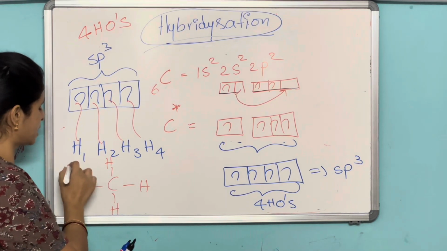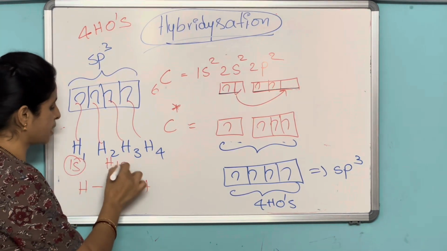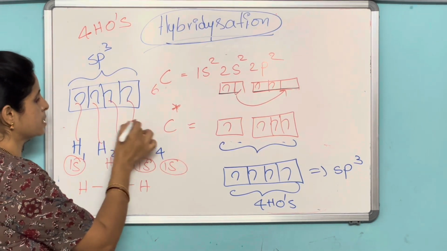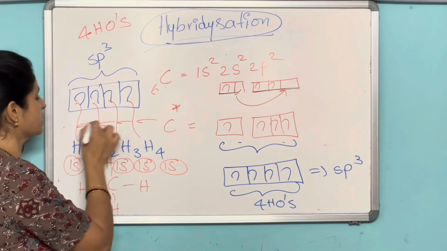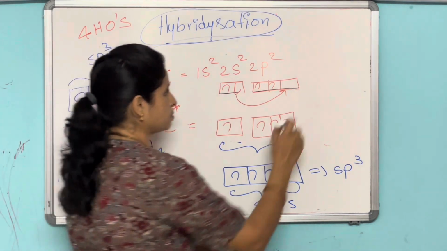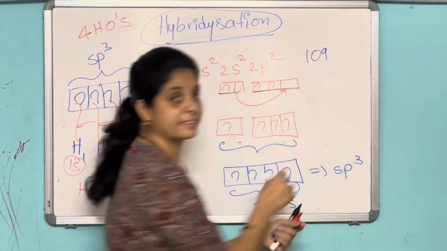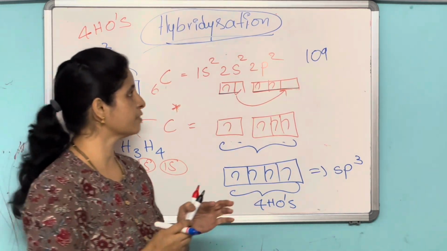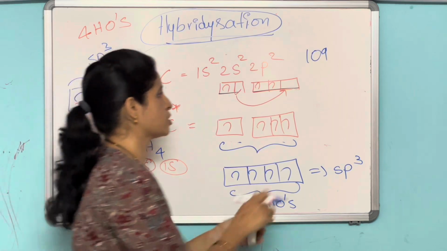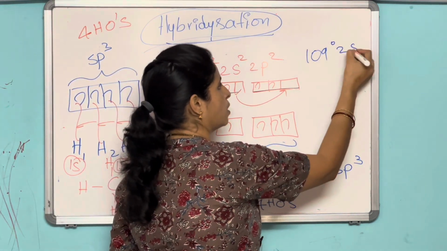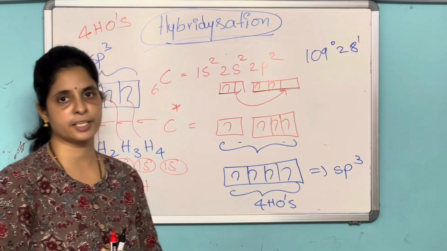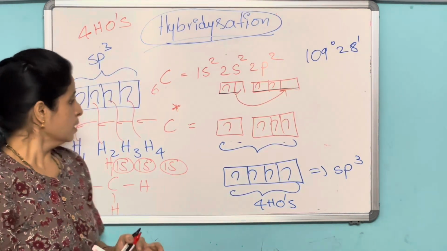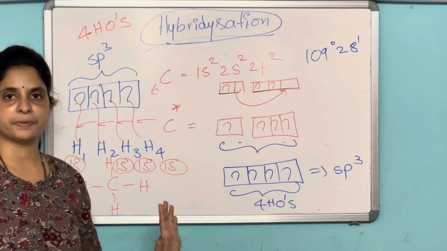The 1s orbitals of the hydrogens intermix to form 4 sigma bonds, sp3 hybridization with a tetrahedral geometry and a bond angle of 109 degrees 28 minutes. Okay. This is the concept of hybridization.